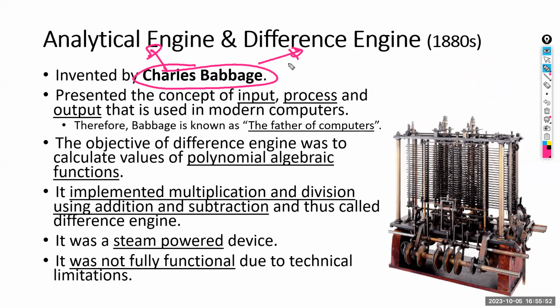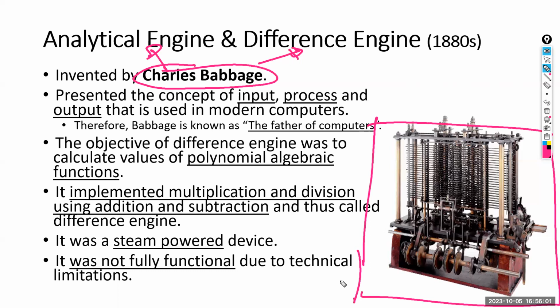So why do we call Charles Babbage the father of computing? This is the first serious effort of developing a general purpose computer. Because so far it was just some arithmetic machines, doing certain arithmetic calculations, solving arithmetic and algebraic functions.